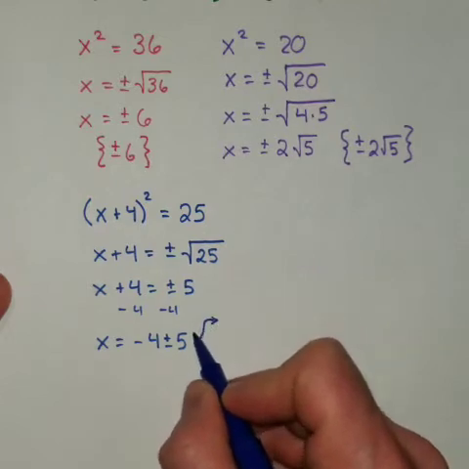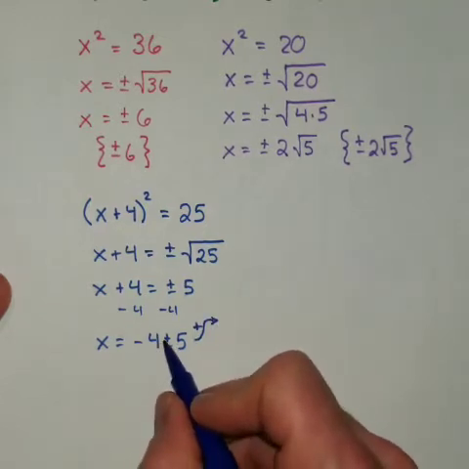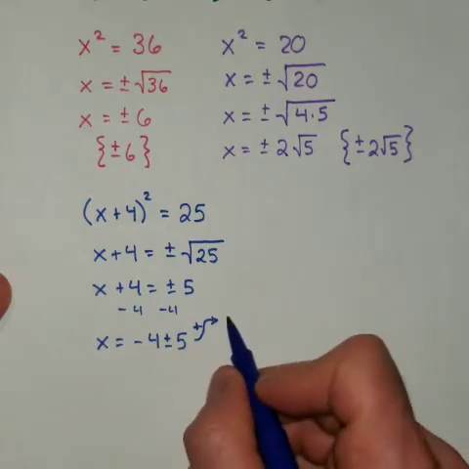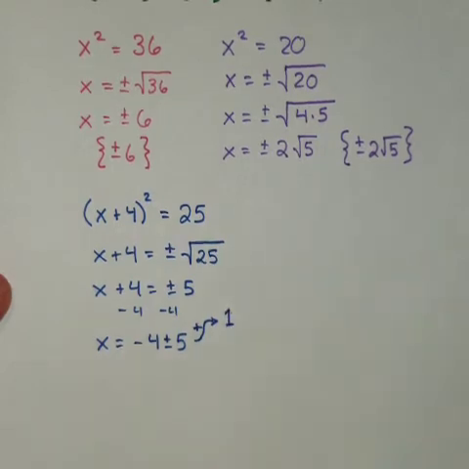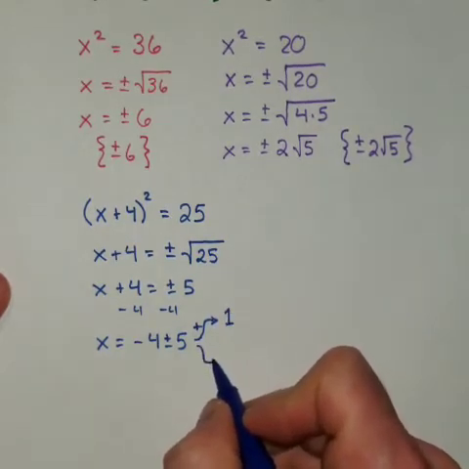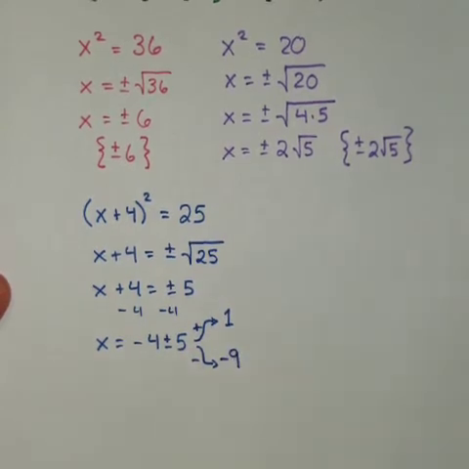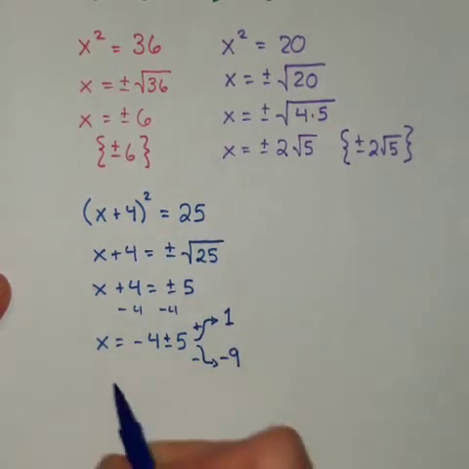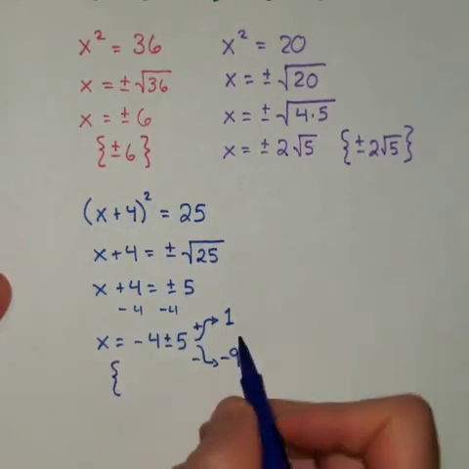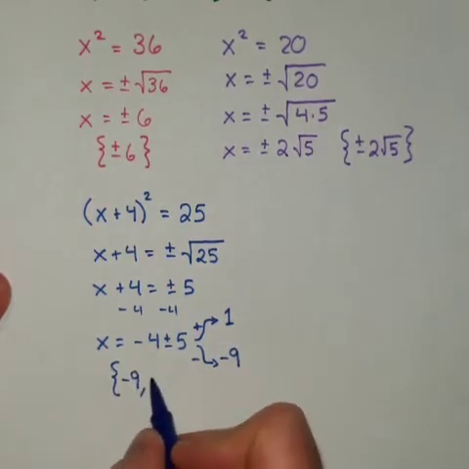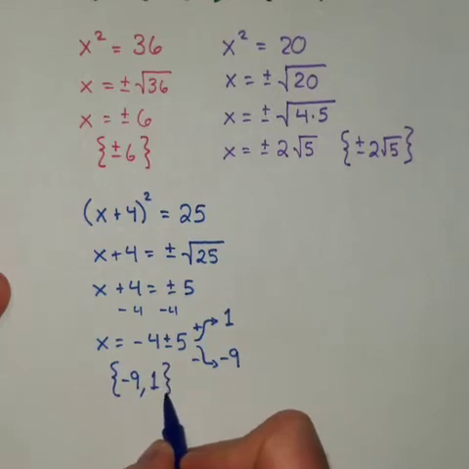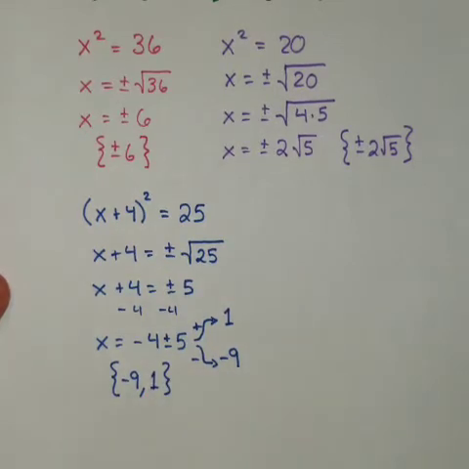If I use the plus, negative 4 plus 5 gives me positive 1. And if I use the minus, negative 4 minus 5, I get a negative 9. And so my solution set here is going to be negative 9 and 1. Okay, so again, two solutions.